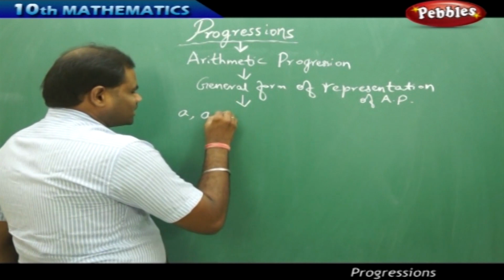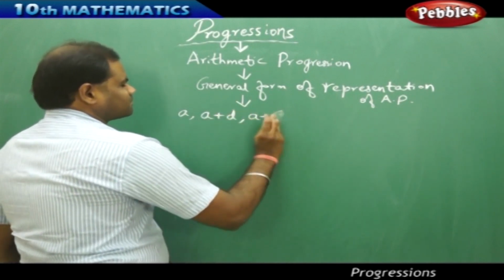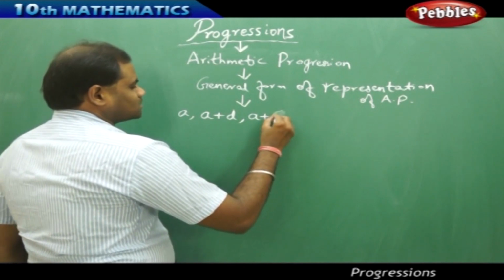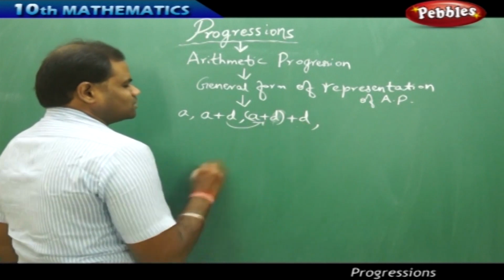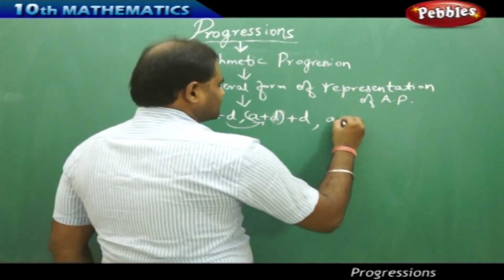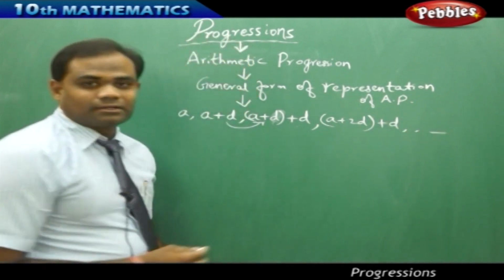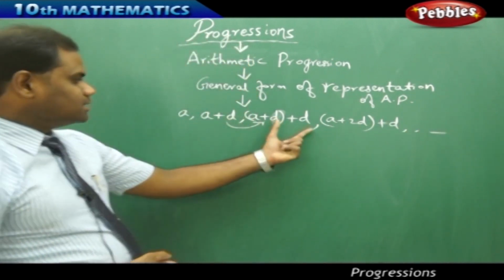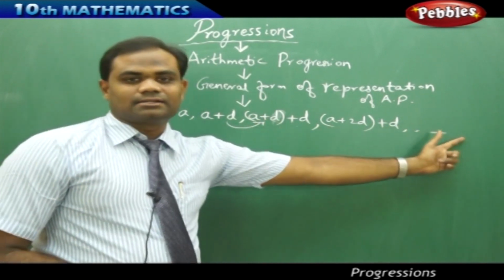So I take the fixed element which is added to each of the terms as a plus d, and a plus d plus d, because it is added to this, and this becomes a plus 2d. Every time I add d to the previous term, because a plus d plus d is a plus 2d, and I get it like this.